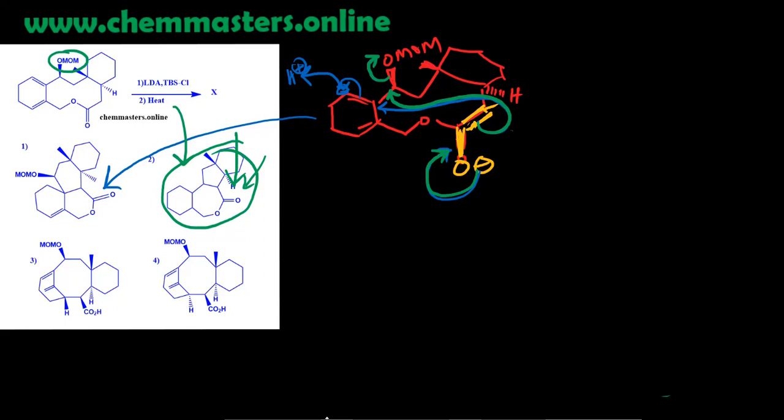Now how are 3 and 4 going to be produced in the reaction? Whenever the enolate attacks here, then the double bond moves here, the bond breakage takes place, and the carboxylate anion abstracts a proton, then it is going to produce 3 and 4. What is the difference between 3 and 4 here? Simply the stereochemistry.